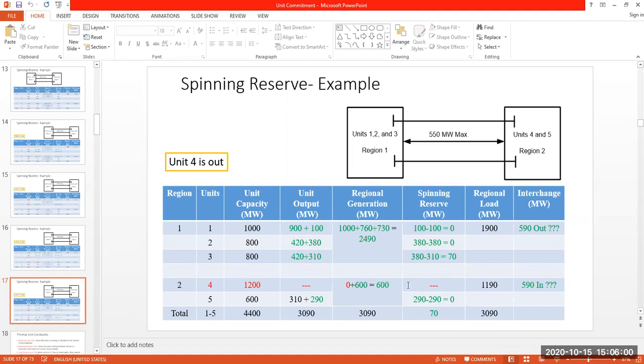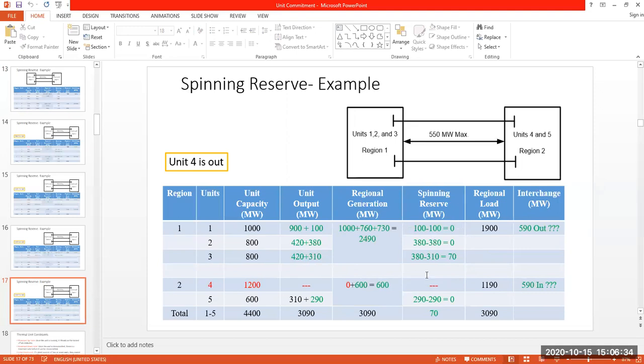What is my regional load? It is 1190. So to satisfy this regional load, how much help do I need from region 1? This minus this, so that is 590. Somehow I have to manage 590 from this region.